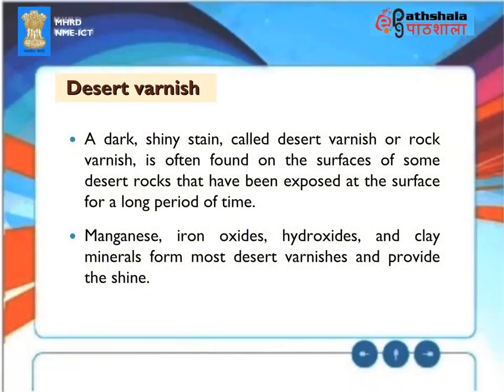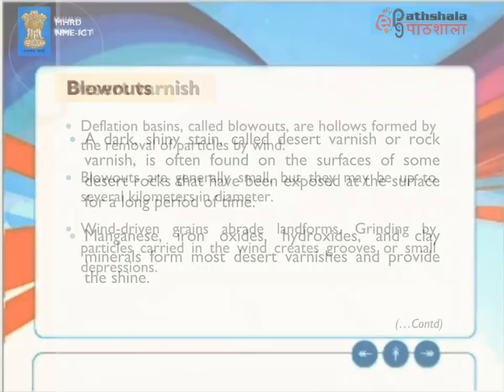A dark, shiny stain called desert varnish or rock varnish is often found on the surfaces of some desert rocks that have been exposed at the surface for a long period of time. Manganese, iron oxides, hydroxides, and clay minerals form most desert varnishes and provide the shine.